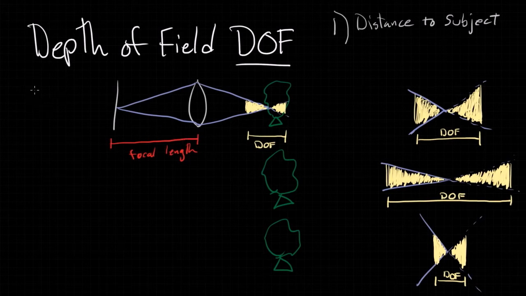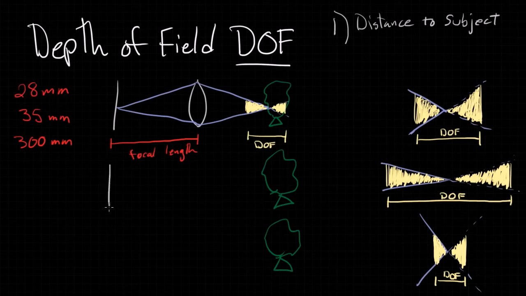So for instance, your lens might have a rating saying it's a 28 millimeter lens, or a 35 millimeter lens, or it could be a 300 millimeter lens, and what that's referring to is this distance. And we're going to use a change in the focal length to adjust our depth of field. So let's see how that works.